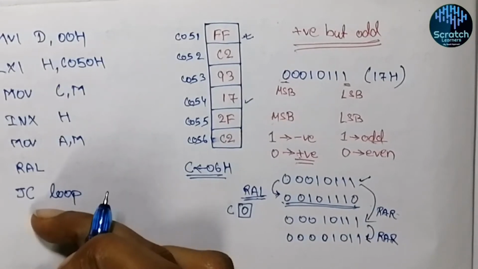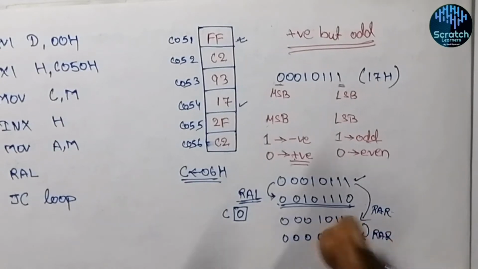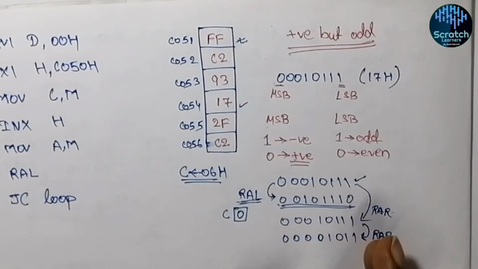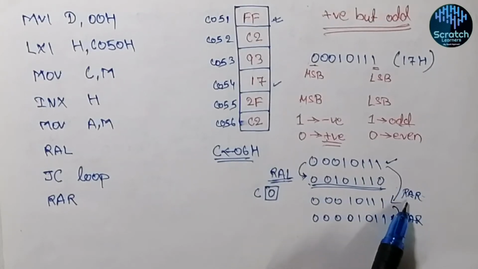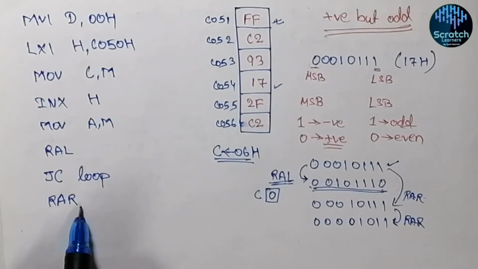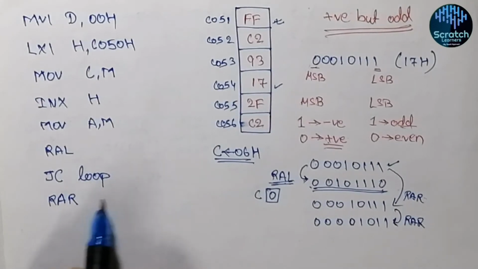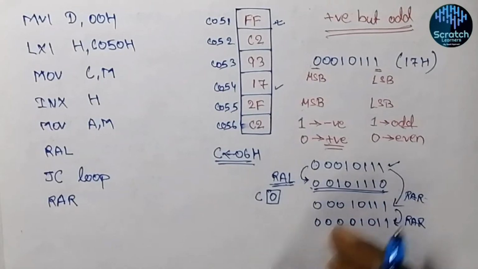Now we will rotate the same content towards right to check for odd or even numbers, right? The next step is to rotate the content towards right so that we get our actual data. For that we have performed the RAR instruction. So here we get our actual data, that is, in this case, 17 hex.